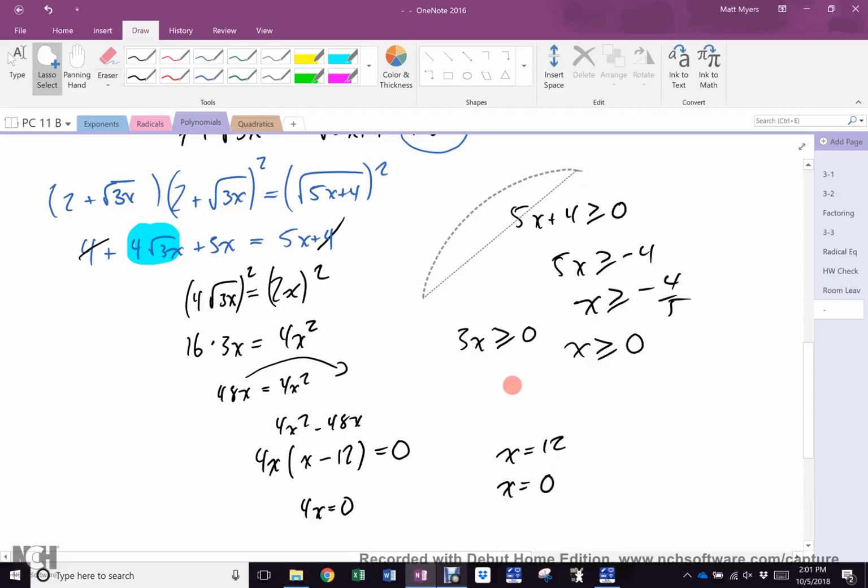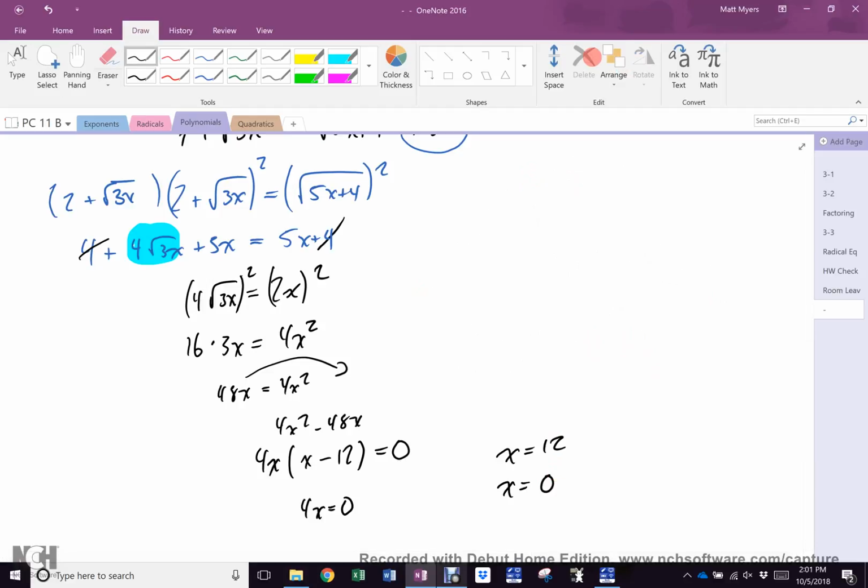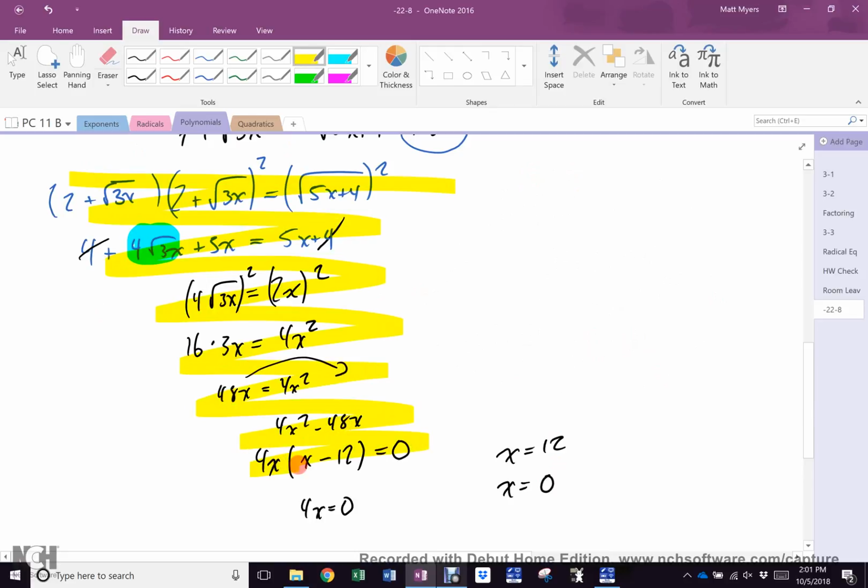So then all I've got to do is check them both. How do I check them? Where in here can I go to check them? 16 multiplied by 3x equals 4x squared. I could check it there? Yeah. I can't check it there, Louis. Can you think of a reason why? Because I've already squared, yes? Yeah. Once I square, that opens up the ability to have negative numbers, correct?